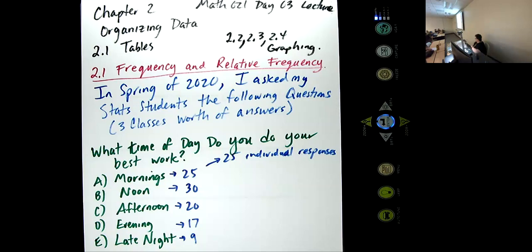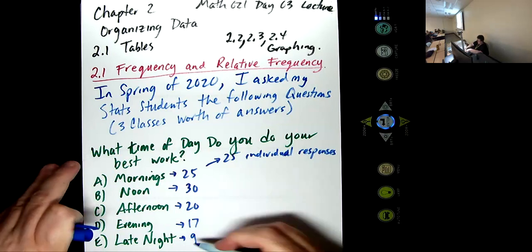Morning was always before noon, obviously. But some people ended morning at 10 a.m. Some people ended morning at 11. Anything after that was in the noonish bracket. So in total, there were 101 responses.